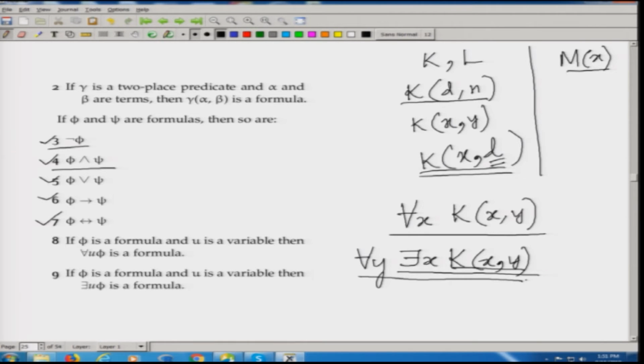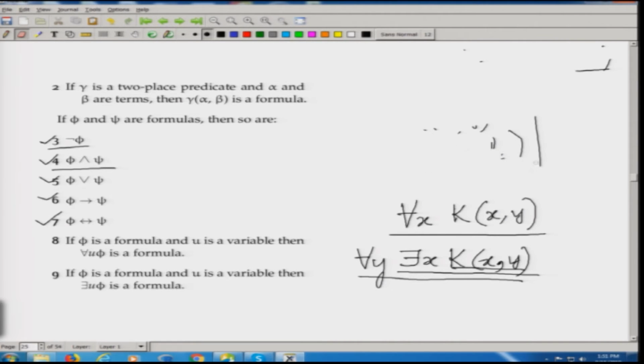And some very simple translations also can be done by using this language. For example, if we interpret, a small interpretational thing, if we just say that M is man, how do I say?